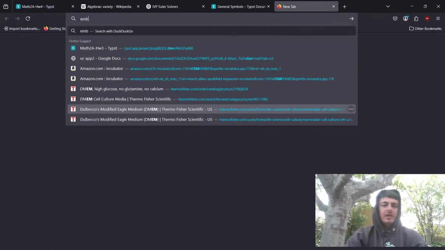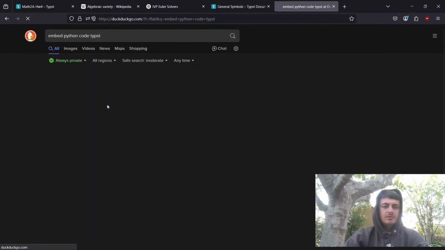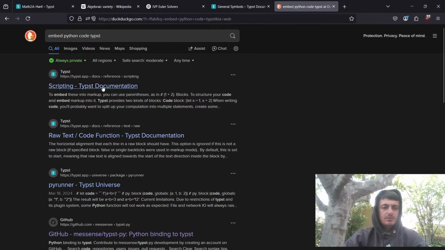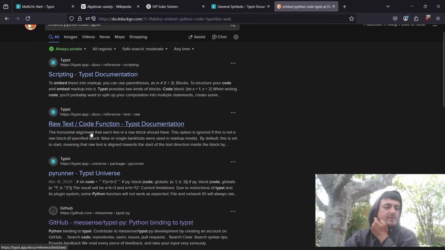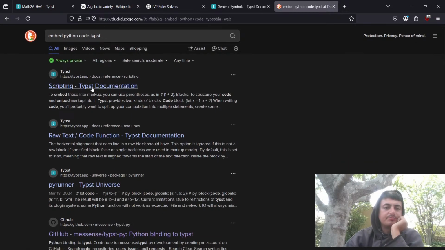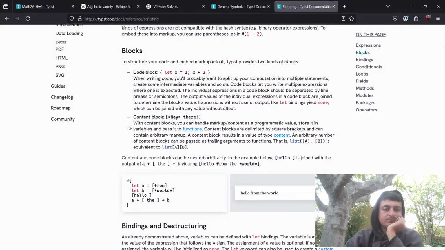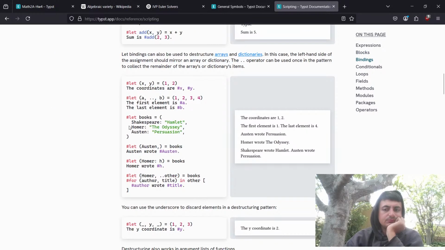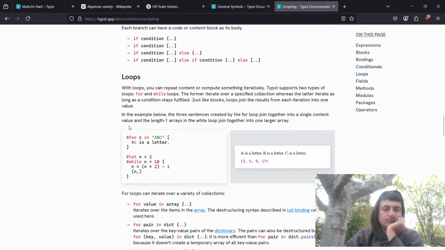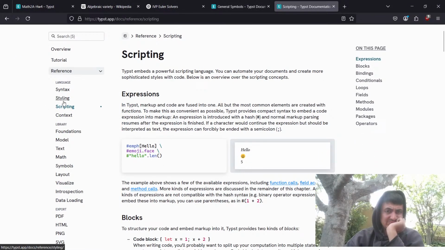So okay, wait. Embed Python code text. No. I don't want to run Python code, although that's kind of cool. I want Python. I'm not scripting.